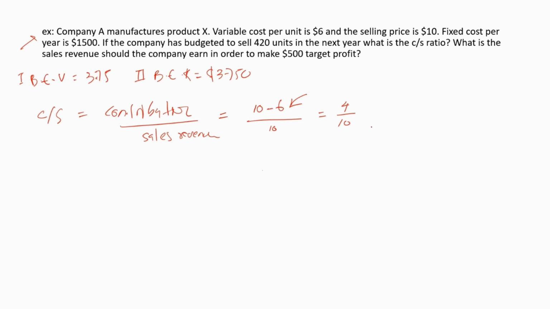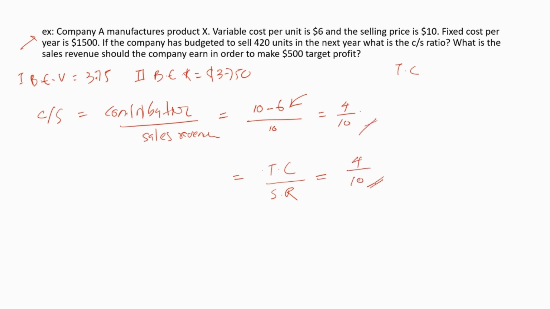Let's say the question has not given the data for per unit values. Instead, the question has given the values for total values. Let's say they have given the total contribution. Now what we have to do is calculate the CS ratio using the total value. So this is equal to total contribution divided by the sales revenue. This will also give the 4 over 10 value.